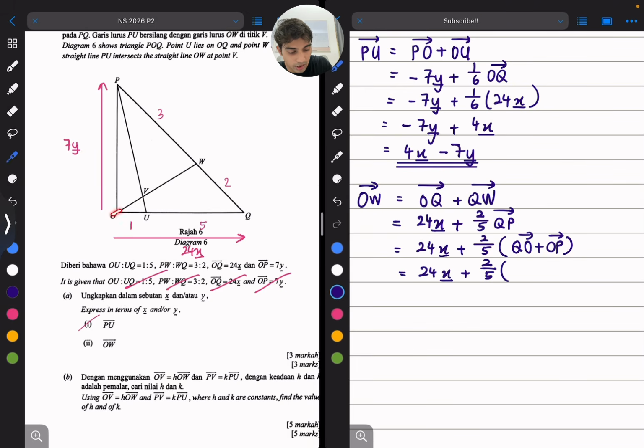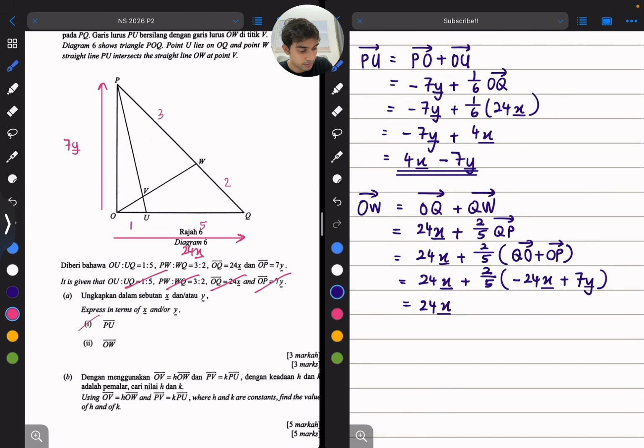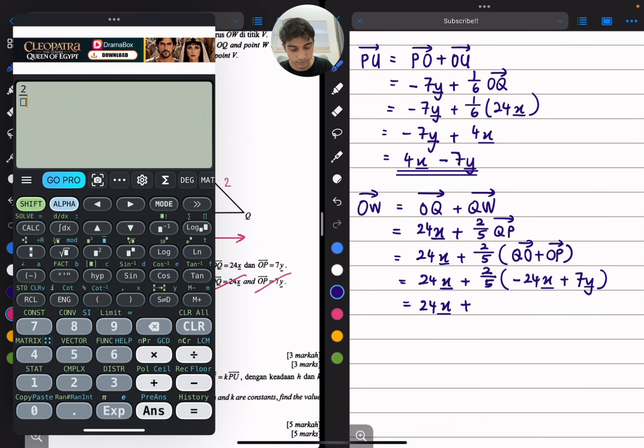If OQ is 24x, QO will be negative 24x, the opposite direction. OP is just 7y. Then we expand and simplify. 2 over 5 times negative 24, we get negative 48 over 5 x.